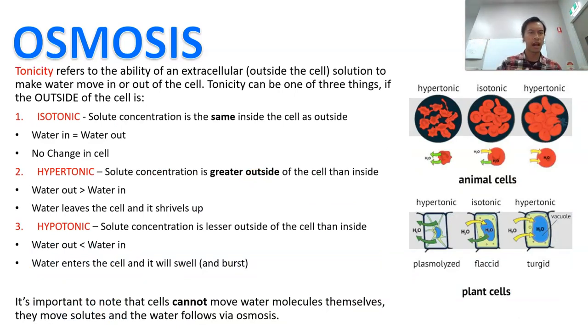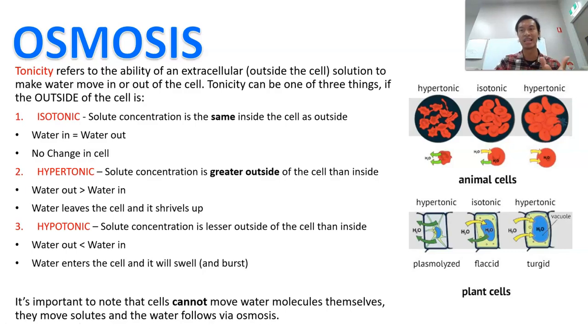Now, alongside that, we also refer to that concentration of solute as tonicity, okay? When you have differences between the concentration of solute inside and outside of a cell, we have different words to refer to that particular type of solution, right? If the solute concentration inside the cell is the same as outside of the cell, we call that isotonic, right?